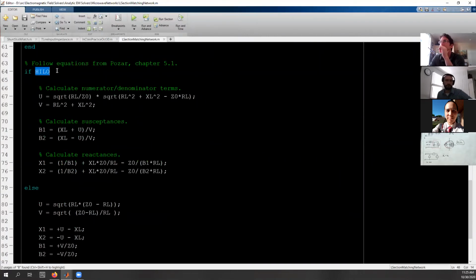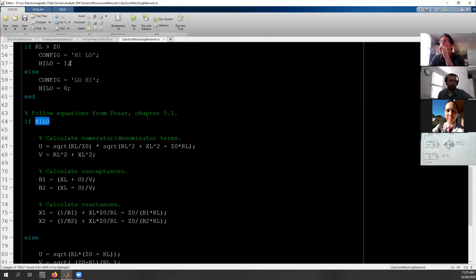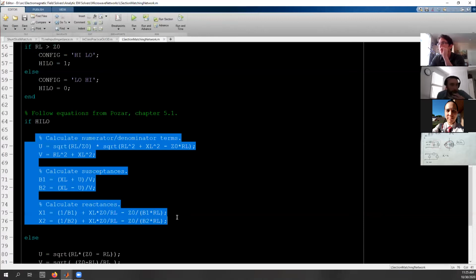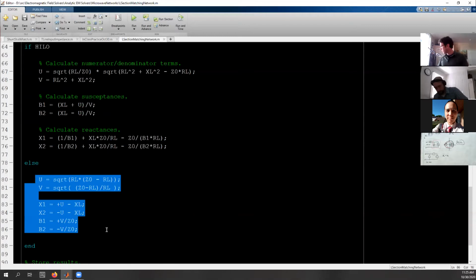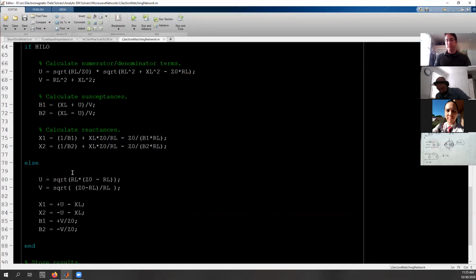So you notice if it's a high-low network, which is defined by RL greater than Z naught, then it follows these equations here. So this is equations 5.3 A and B from Pozar, page 230. And if you're doing the low-high, you have to use these other equations over here. So that's equations 5.6 A and B. So let's make a little note here.